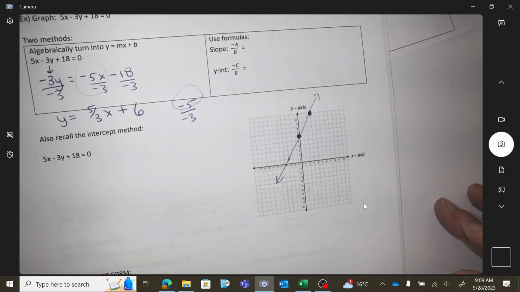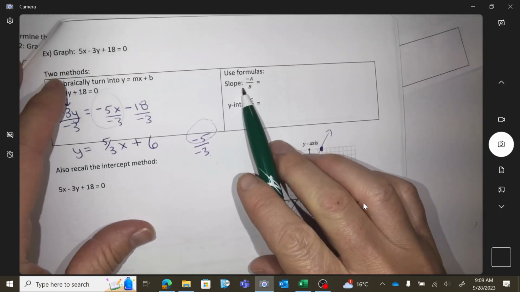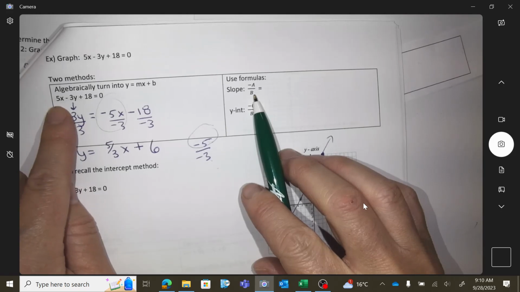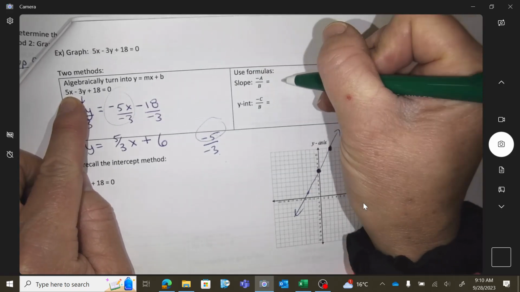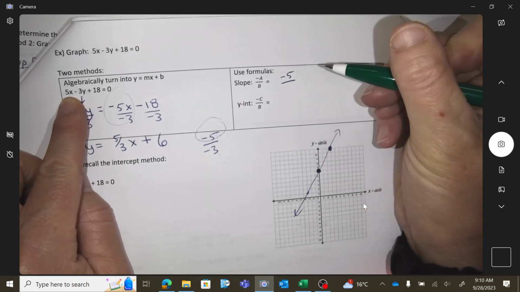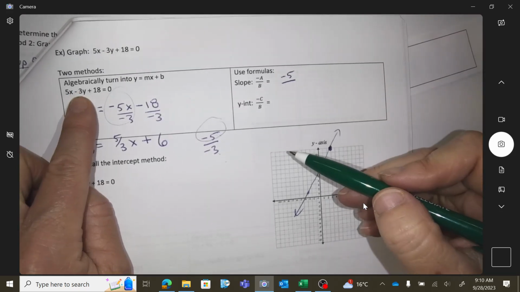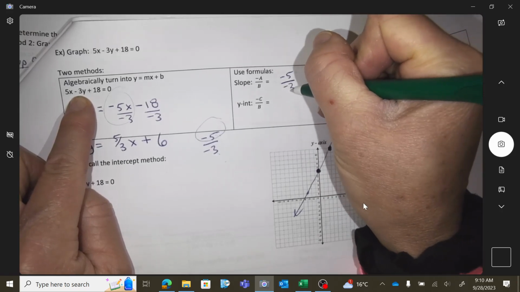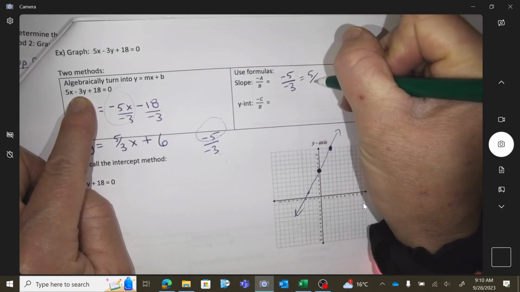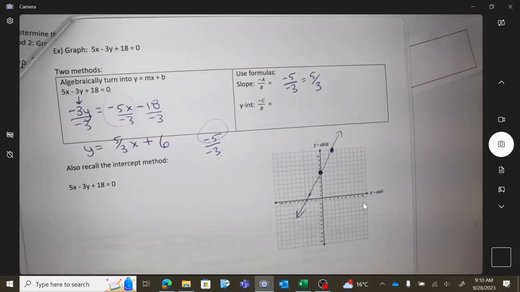Okay, using the formulas, let's just see if it came out to the same thing. Negative a, the opposite of a. So now I would write a negative 5. And then the b value is just negative 3. So that's really a positive. And look, that matches.